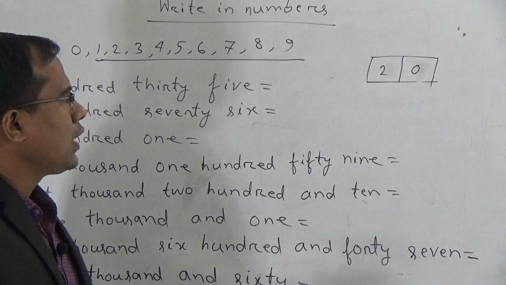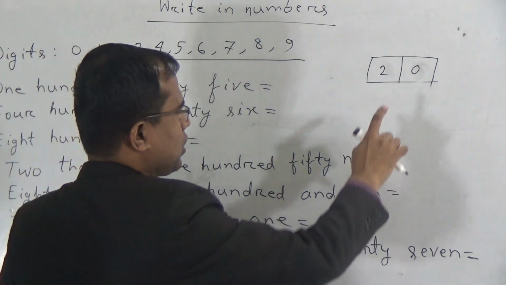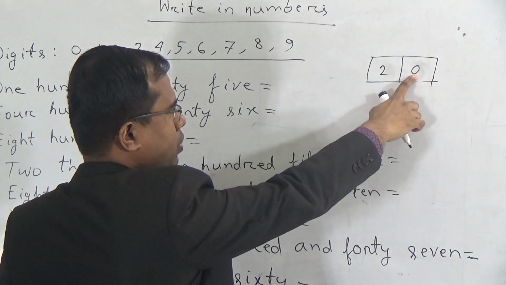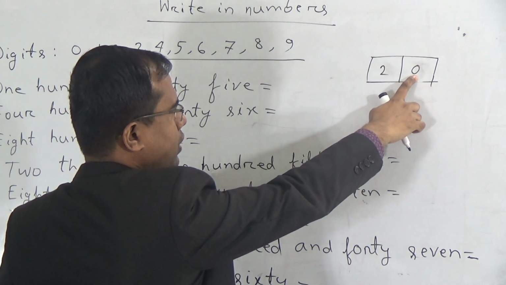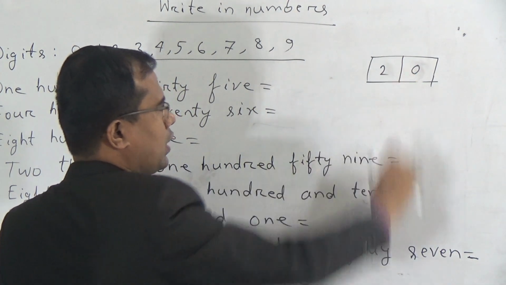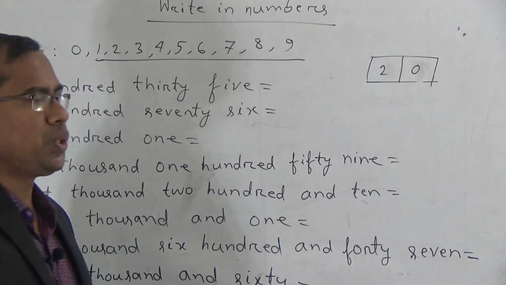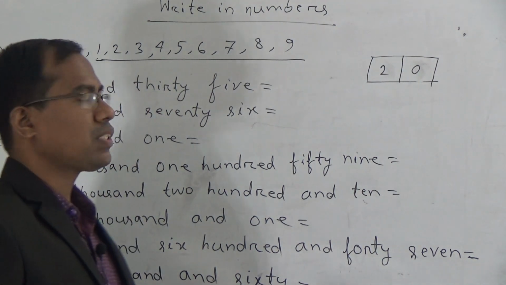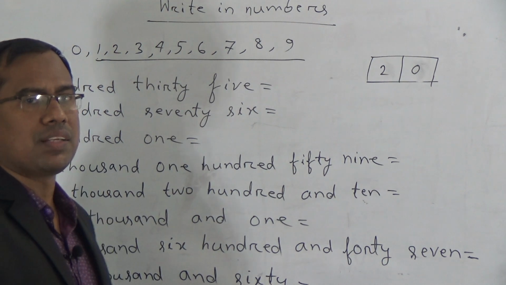And for expressing 21, we just have to change the digit of ones place. Instead of 0 we can write 1, then it will be 21. If we write 2 in ones place, then it will be 22. And in this process we can write the numbers up to 99.